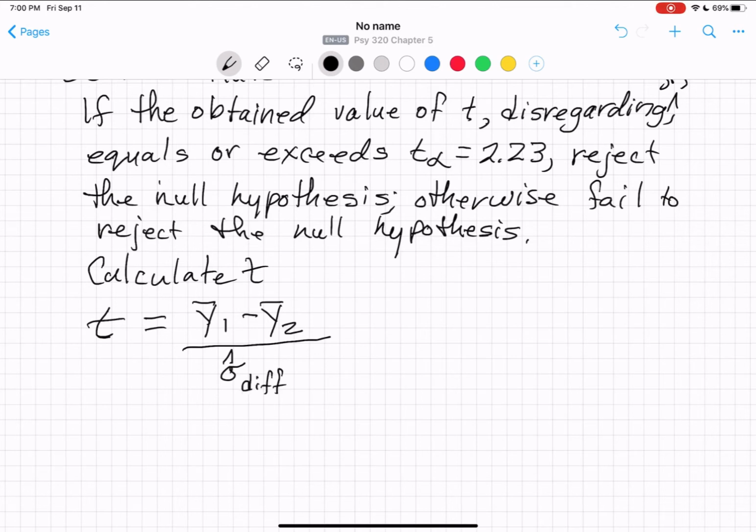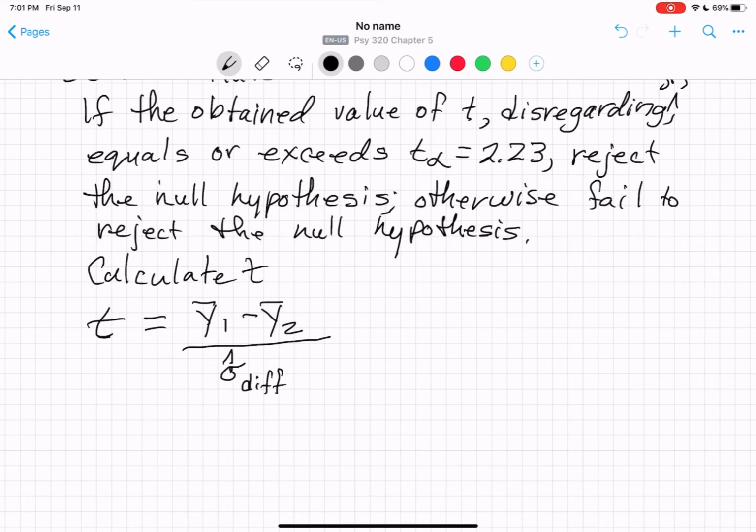Okay, the sigma hat is our measure of within group variability. It's called the standard error of the difference between the two means. Okay, and the top part, y bar 1 minus y bar 2, is going to be our mean for group 1, classical music, minus our mean for group 2, which is no music. Okay, so the difference between the sample means, that is our between group variability.